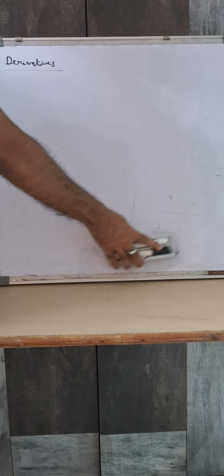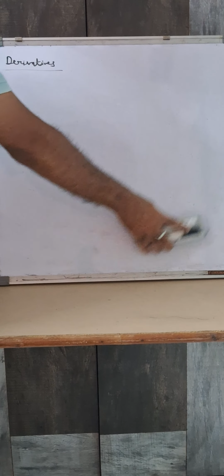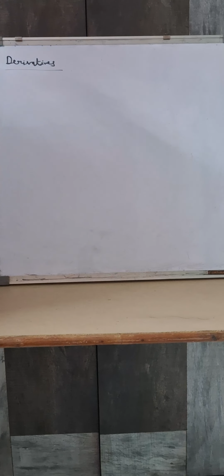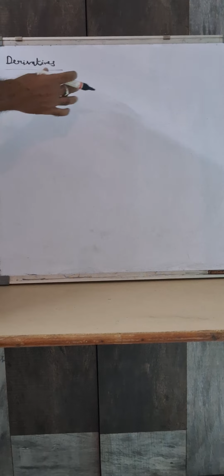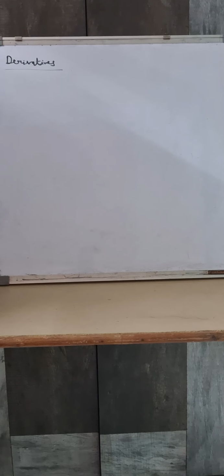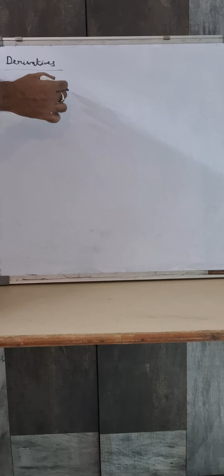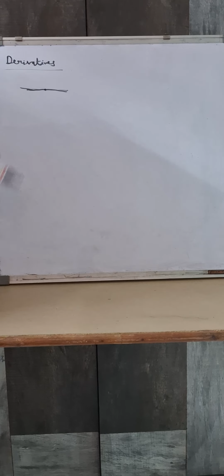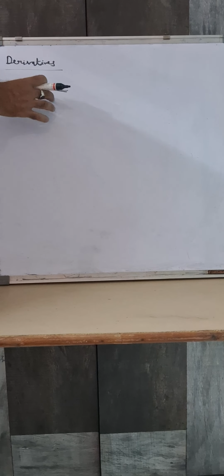Now we will learn where we use derivatives in real life. Sometimes a vehicle, a rocket or some machinery is running at some speed, and we want to get the velocity at a specific point. So we use the derivative for the instantaneous velocity.